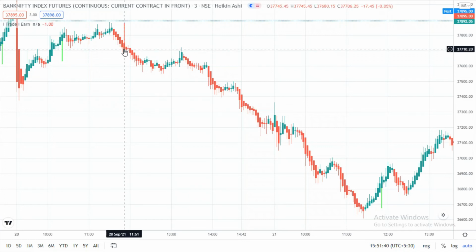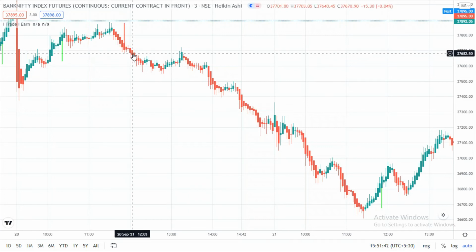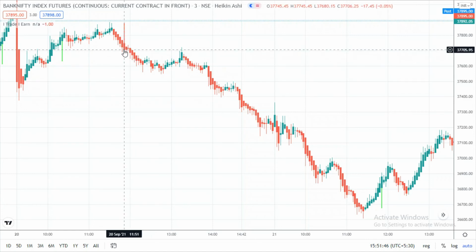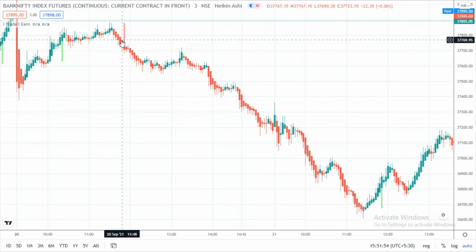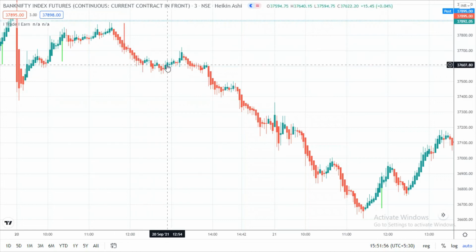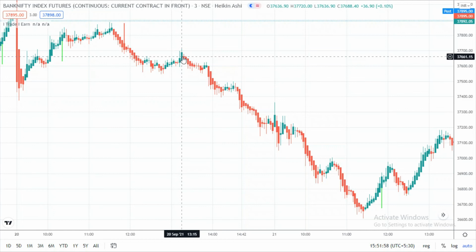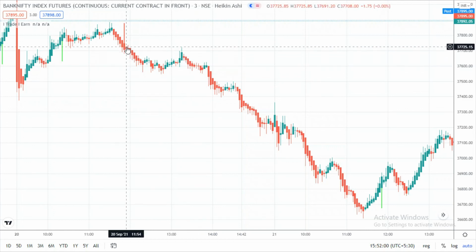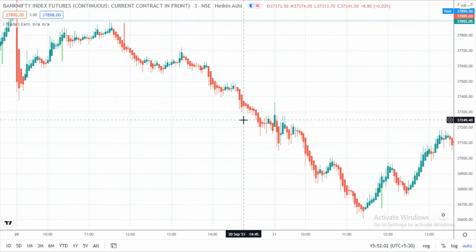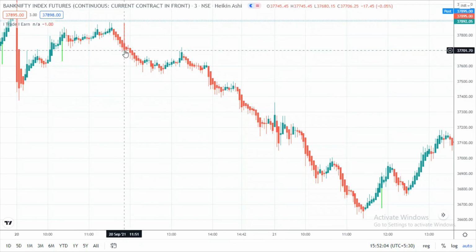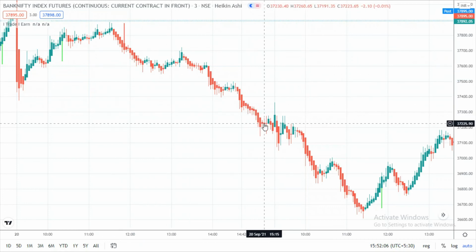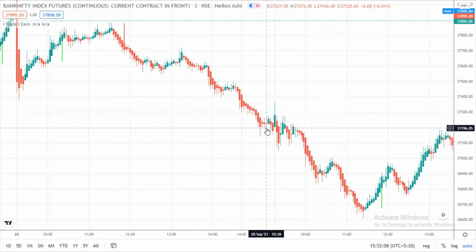We sold it somewhere here because the closing has to be below the closing price of the candle in which we got the sell signal, and the stop loss will be somewhere here. It came down here, went up a little bit, and see the profit of almost 500 points.